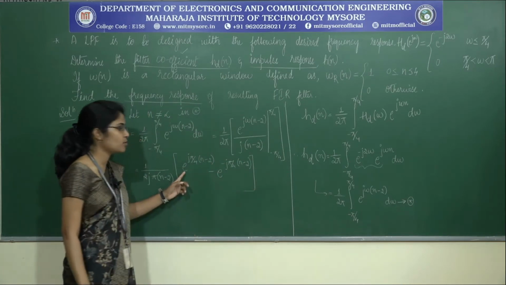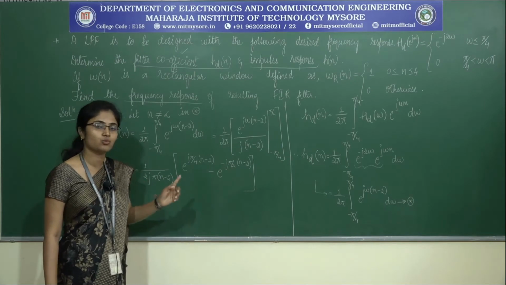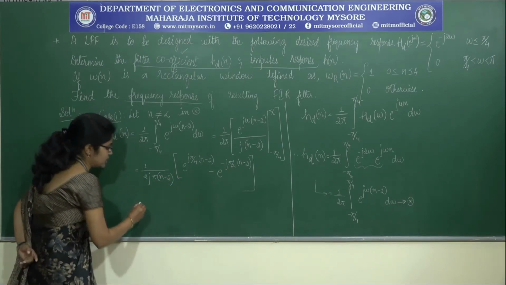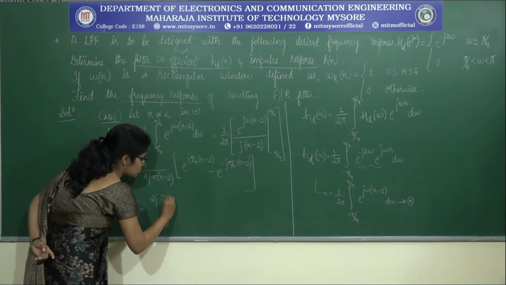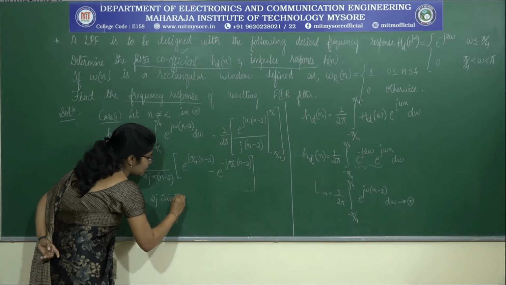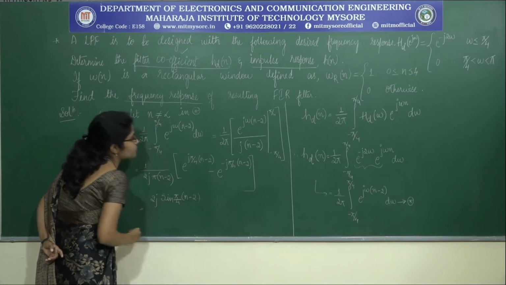Again, this is in the form of e power j theta minus e power minus j theta, which I can write as 2j sin theta. The value of theta is pi by 4 into (n minus 2).